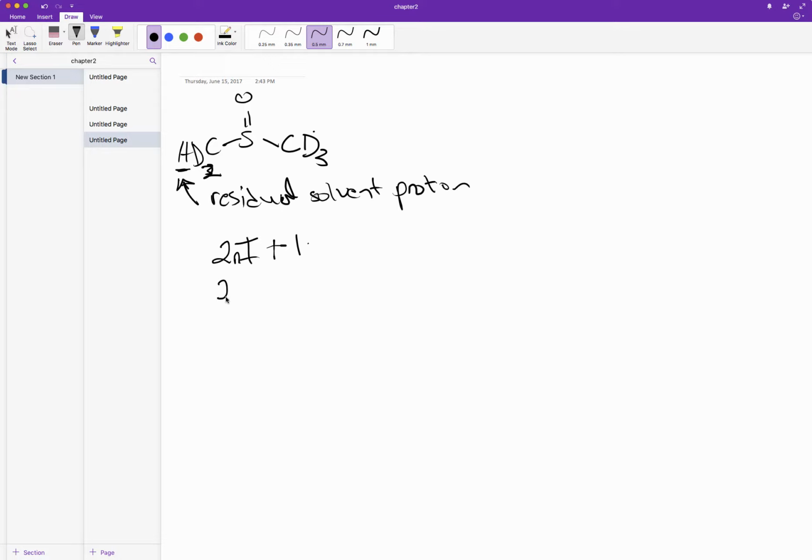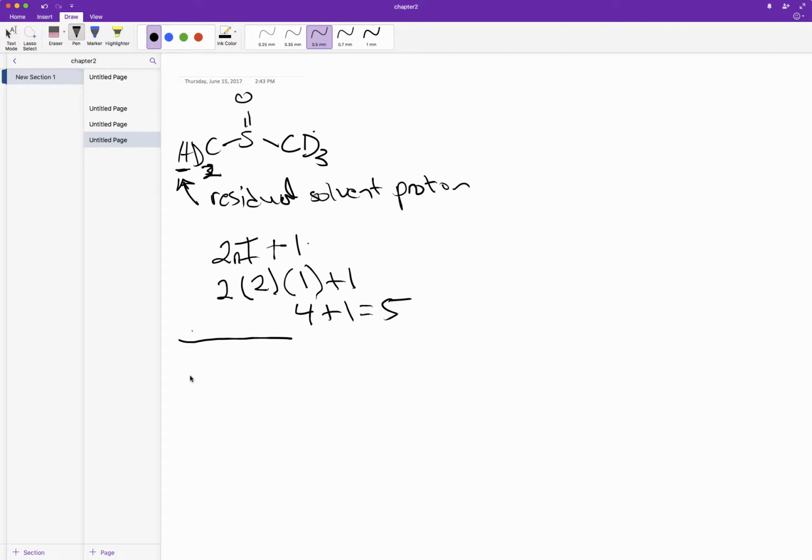So we have 2, N is going to be 2, and I for deuterium is 1, plus 1. So that's 4 plus 1 equals 5. That means the multiplicity that you should see when you run deuterated DMSO, for that residual solvent proton, is 5 peaks. So that's not really covered in the book, but it's an interesting side note.